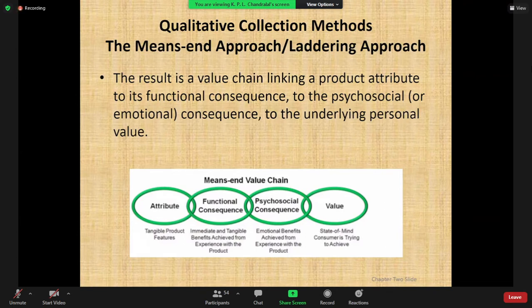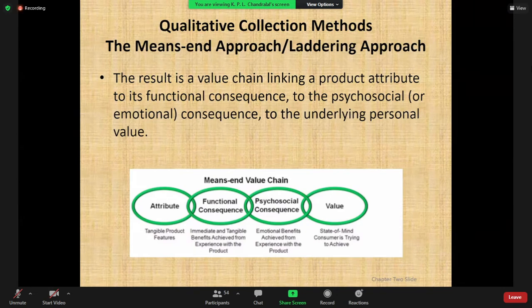Thereafter you ask what the psychological consequences of those functional consequences are. So we take the customer to a deeper level, and we continue the conversation until the customer clarifies, this is the reason that I have purchased, not due to that function or feature, but under the personal value.